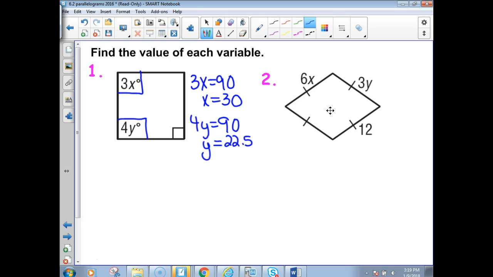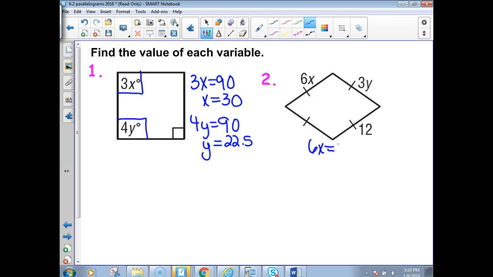It's a rhombus. You guys called them diamonds way back in the day? I've heard a lot of kids say diamonds until they get older and then they finally find out it's a rhombus. But anyway, sides are all equal.